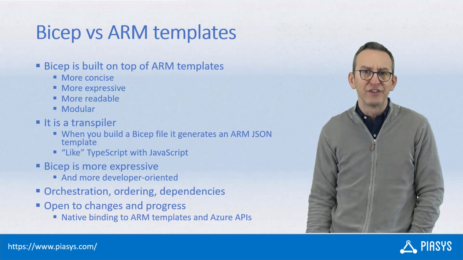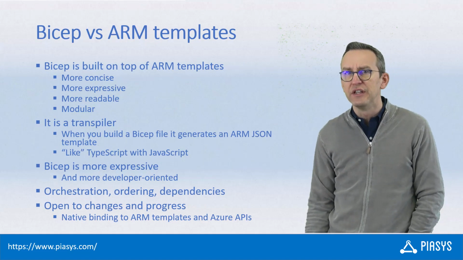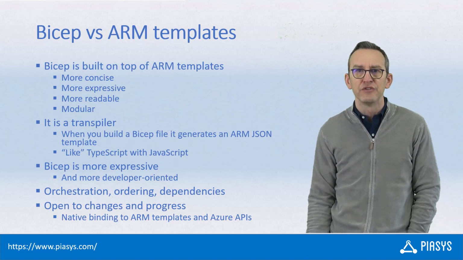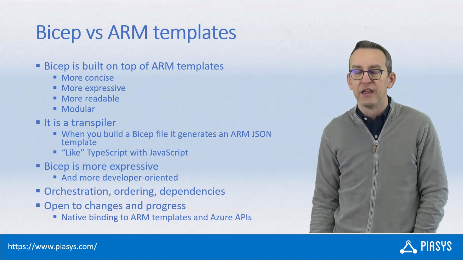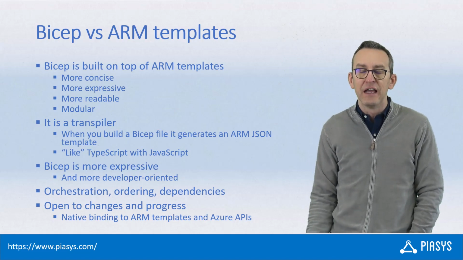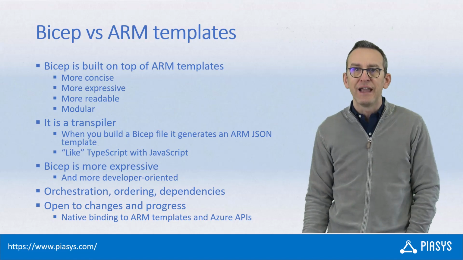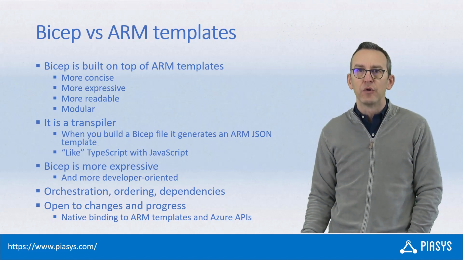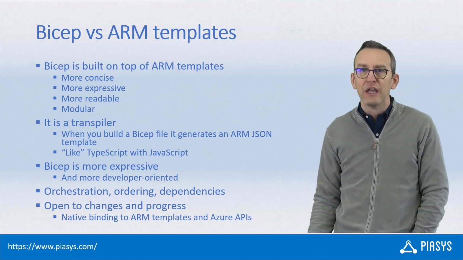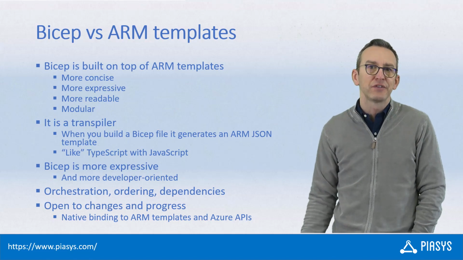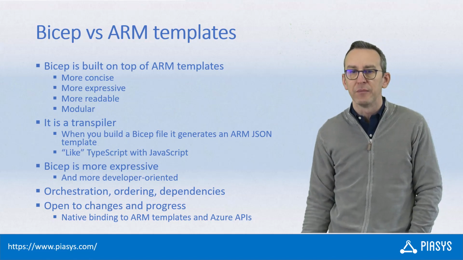Let's try to understand why you should be interested in Bicep compared with Azure ARM JSON templates. Well, actually, as I already said, Bicep is built on top of ARM templates. And the idea is to make it more concise, more expressive and modular, so a better solution built on top of ARM templates.